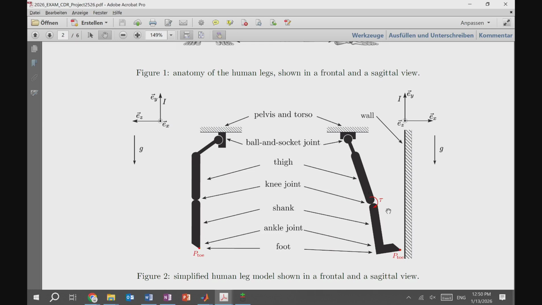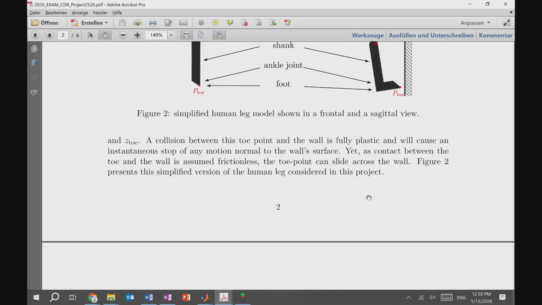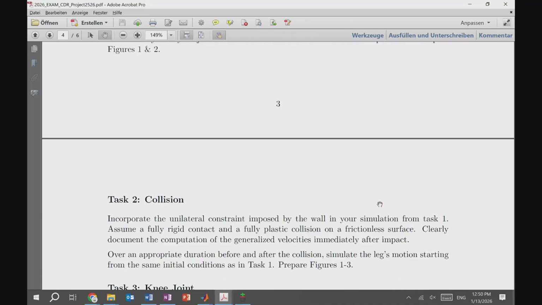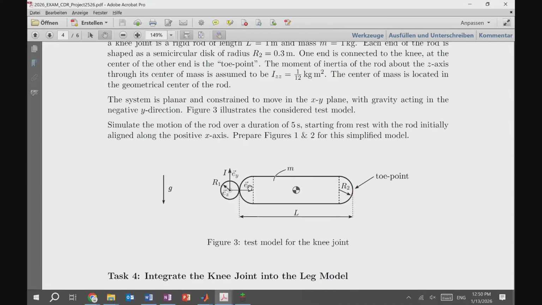And then we will model a knee joint. Knee joints are tricky because in a human leg, they're basically a mixing of sliding and rotation. We will model our knees not anatomically correct, but as the rolling contact between 2 circular surfaces.